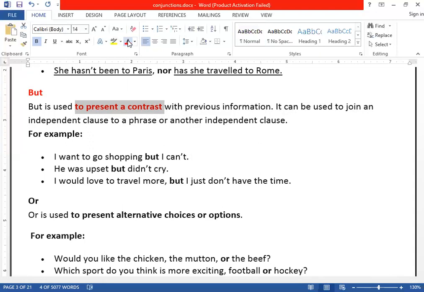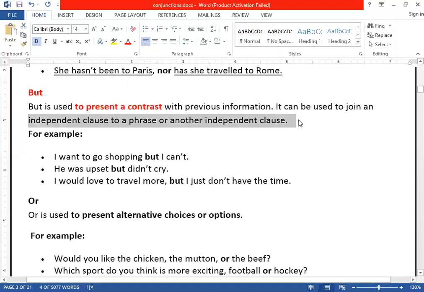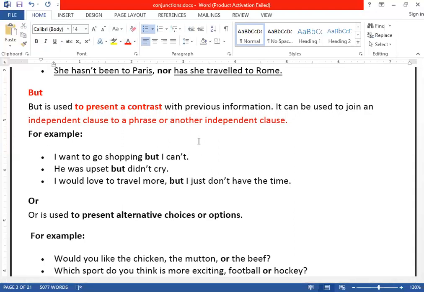It can be used to join an independent clause to a phrase, or to another independent clause. It can be used to connect both independent clauses.